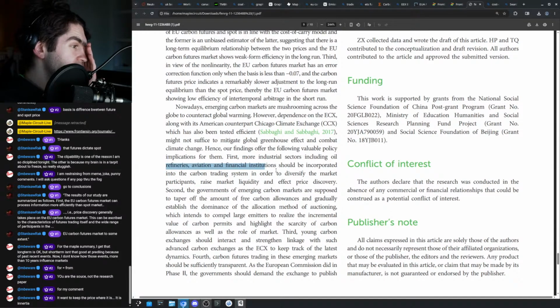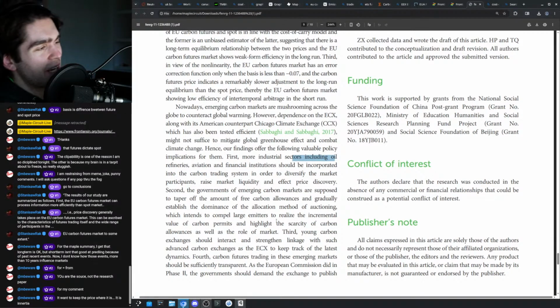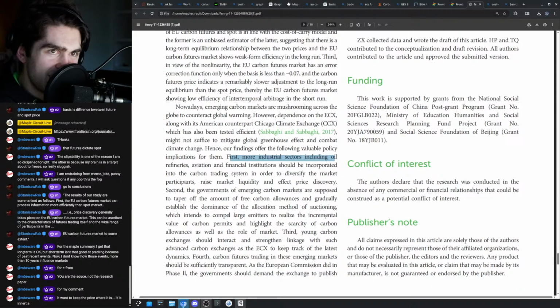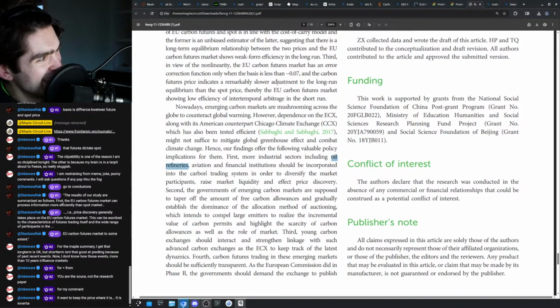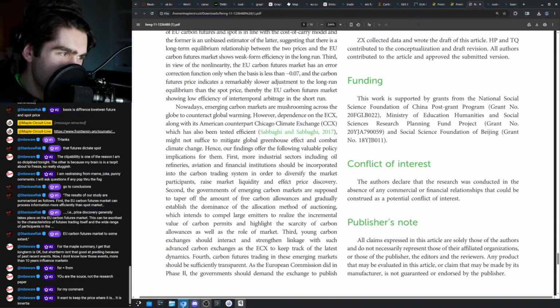Cool. So their first policy implication is essentially like, if you were talking about coal earlier, now we go for oil. Okay, next one.